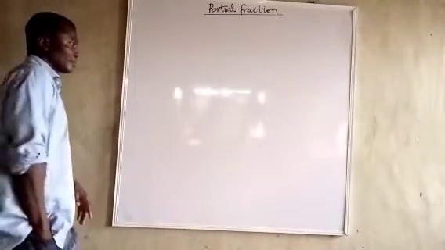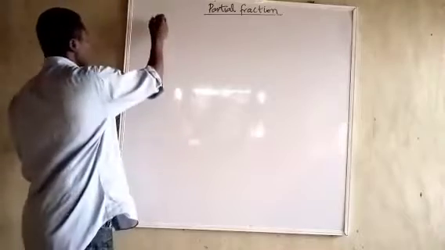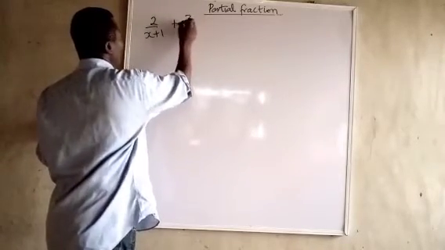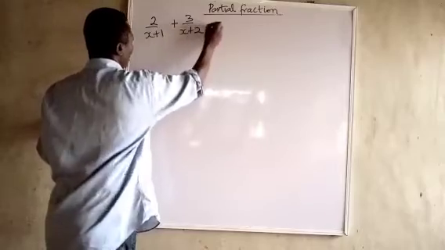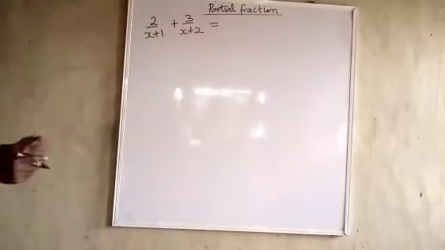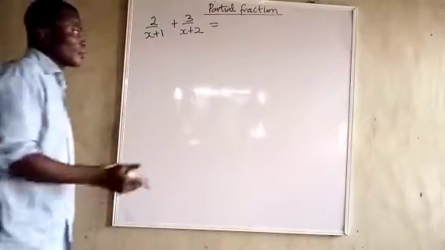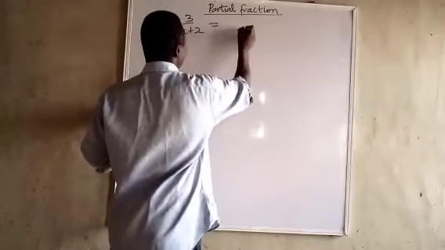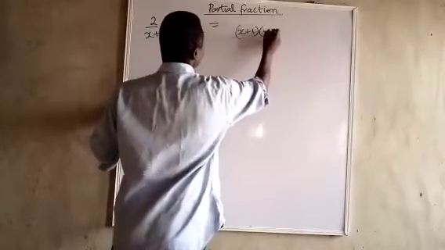How do I mean? We have a fraction like this: 2 over x plus 1 plus 3 over x plus 2. If you want to work this out, just like a normal fraction, we first of all find the LCM. And in this situation, the LCM is going to be x plus 1 into x plus 2.